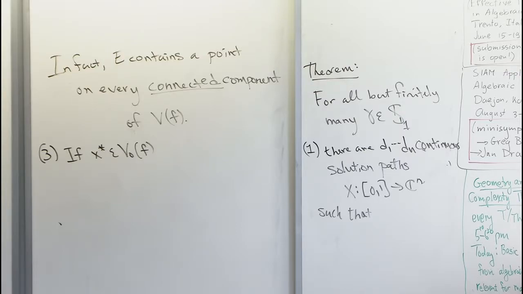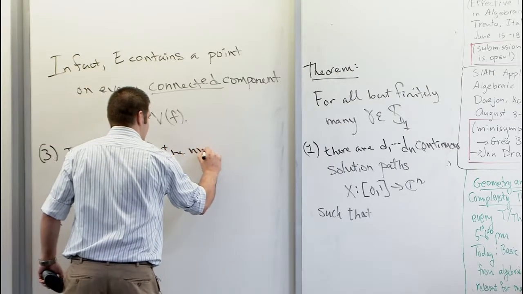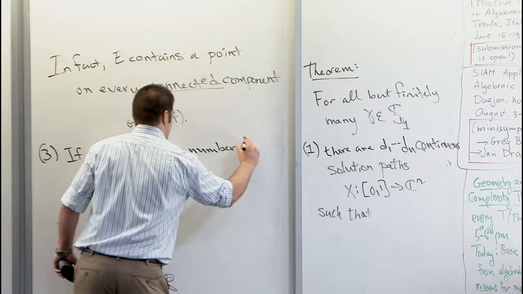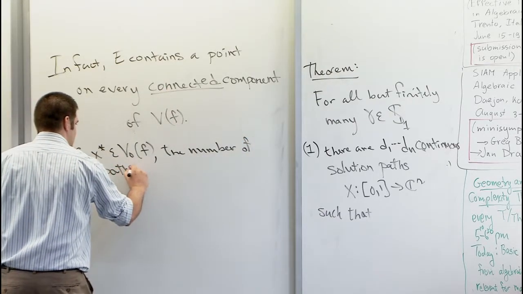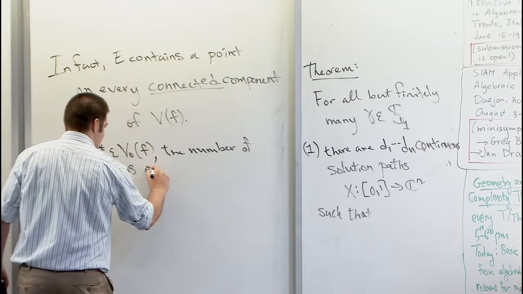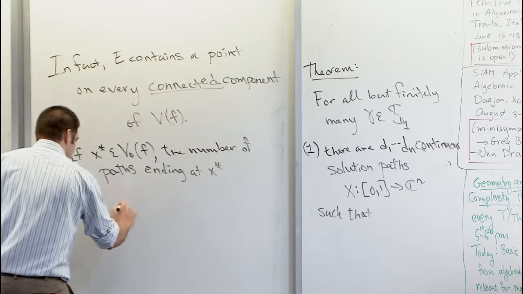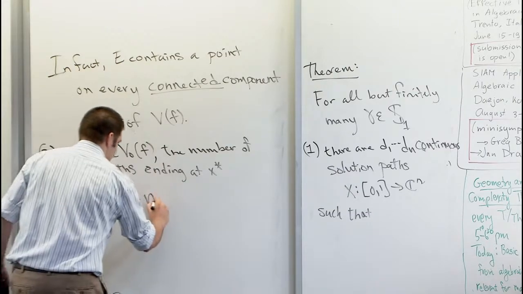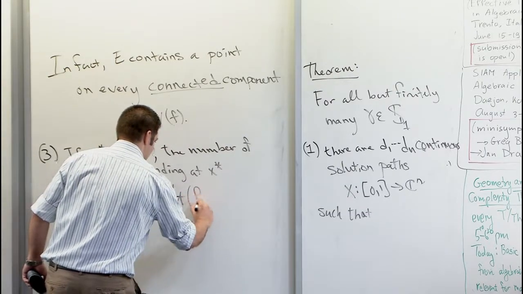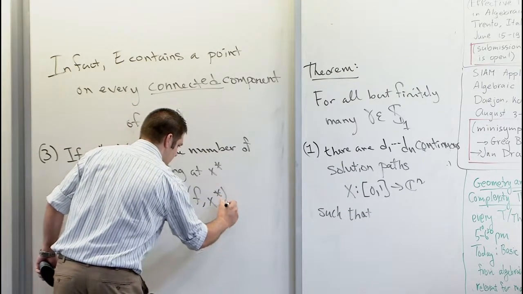How many paths would we like to converge to x star? The number of paths ending at x star is exactly the multiplicity of your system at that point.